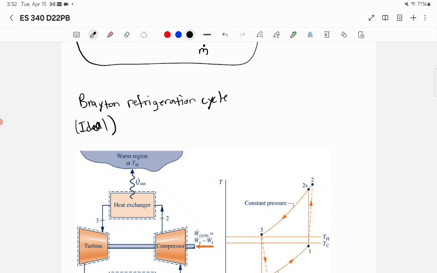Because of that, obviously you need jet fuel to operate it. It's the same idea for the refrigeration cycle. So the power here in this case is going to be provided by gas.